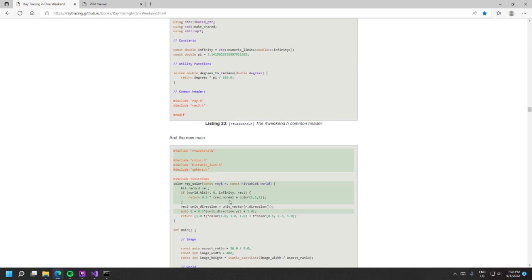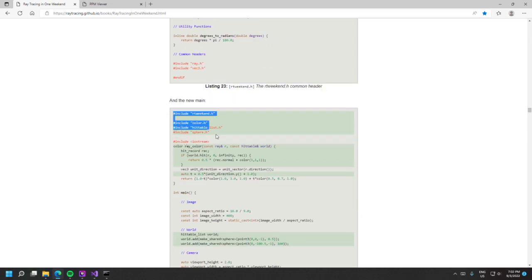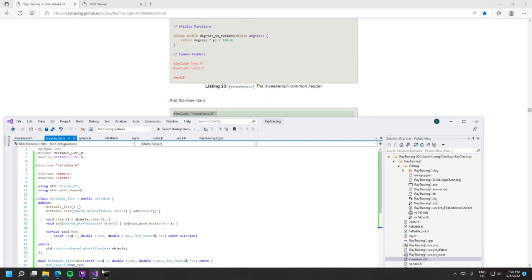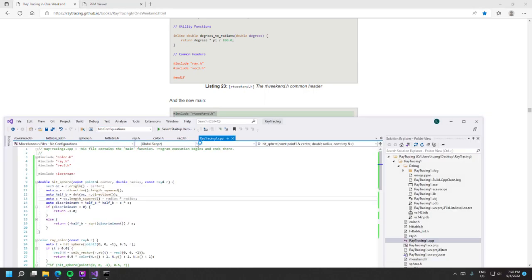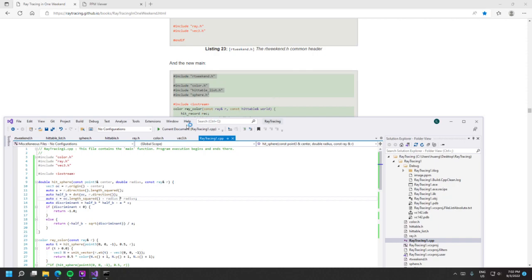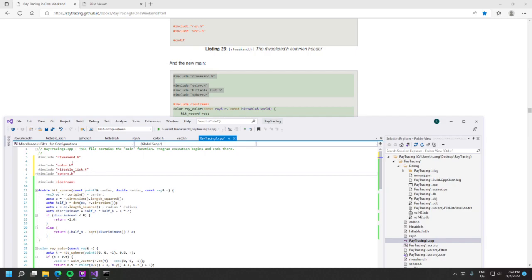Okay. And the new main function, yeah, we need to include all the functions that we just have. So it's still using color, hittable, sphere. It's not using vec3 anymore because the hittable and sphere completely replace that function.